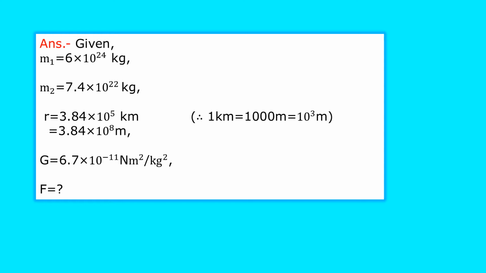So therefore 3.84 into 10 raised to 5 into 10 raised to 3 meter, that is equal to 3.84 into 10 raised to 8 meter. And the gravitational constant G is given as 6.7 into 10 raised to minus 11 Newton meter square per kilogram square. And we have to calculate the gravitational force value, that is capital F is equal to question mark.